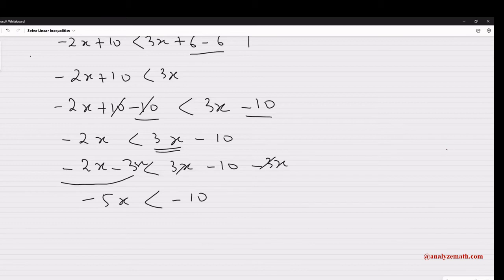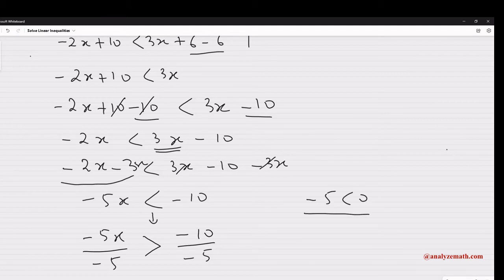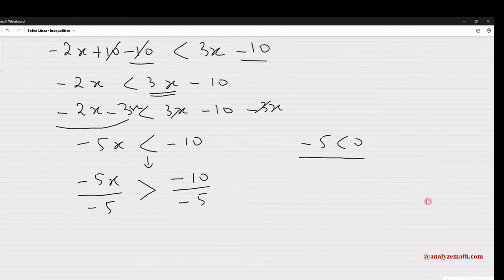Now to go from minus 5x to x, we need to divide by negative 5 here, and negative 5 on the other side. Now remember, what we need to do is to change the symbol of inequality. Why? Because minus 5 is less than 0, and we said in example number 2 that when you divide or multiply by a negative number, you need to reverse the symbol of inequality.